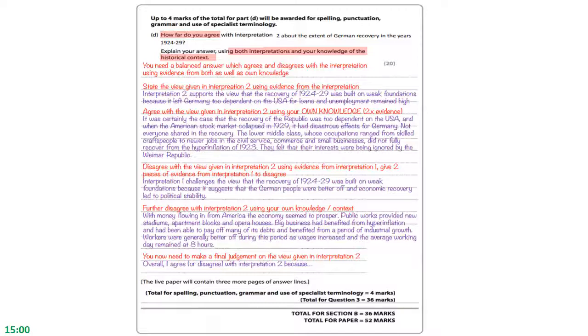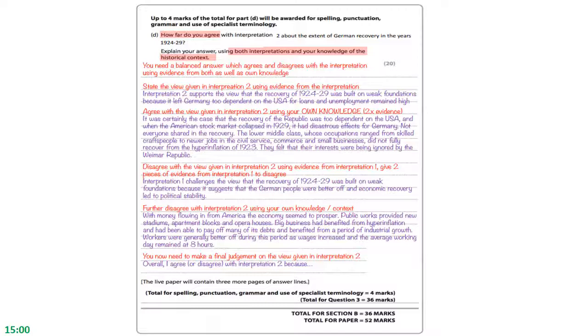Now, just to restate the kind of question you'll be looking at. It will ask you how far you agree with one of the interpretations about something. So in this case, how far do you agree with interpretation 2 about the extent of German recovery in the years 1924 to 1929?